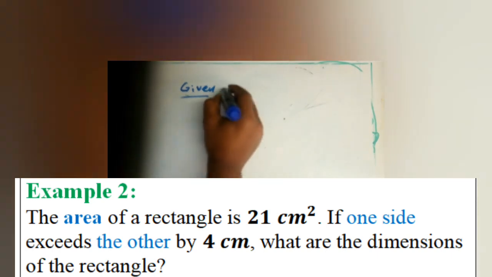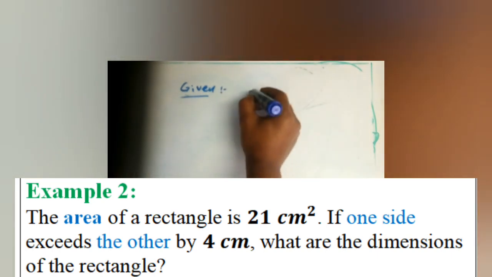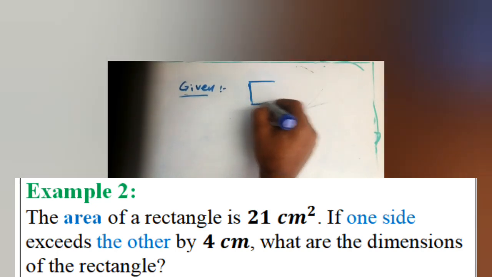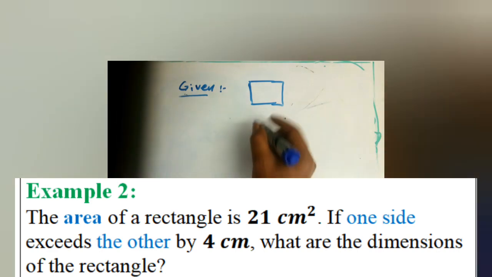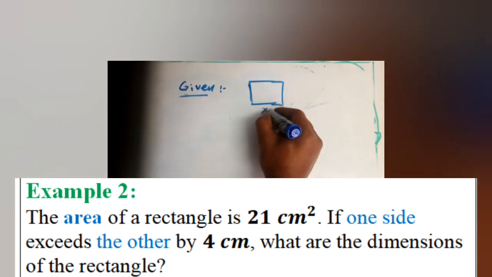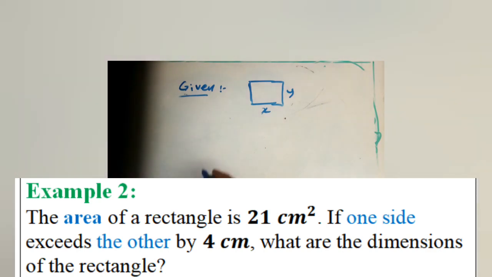Given, let the rectangle be... እስኪ በስዕል እንግለጸው. Let the dimensions of the rectangle be x and y.